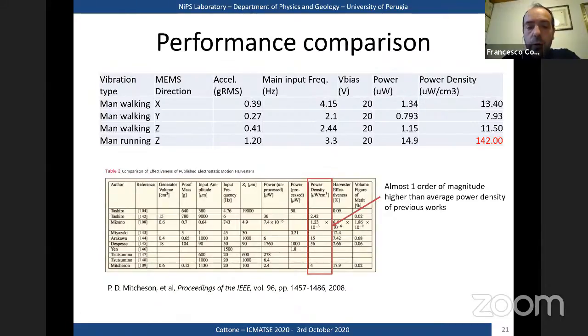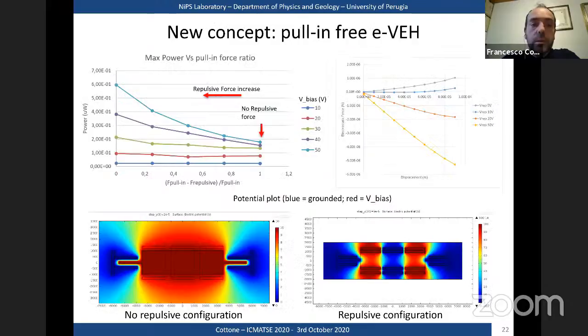Okay, now this is just another improvement that is ongoing on this device: implementing the pull-in free effect. You know, when the two plates are very close, as I said before, we have the pull-in force that makes them stick together.